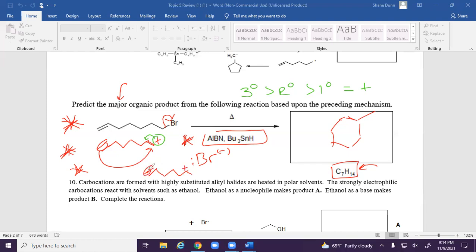The positive goes here, the negative one will go here. That's why you make a ring with a methyl group coming off, to attach that 6th carbon instead of the 7th carbon. Does that make sense? Athena? Yeah. Cool.